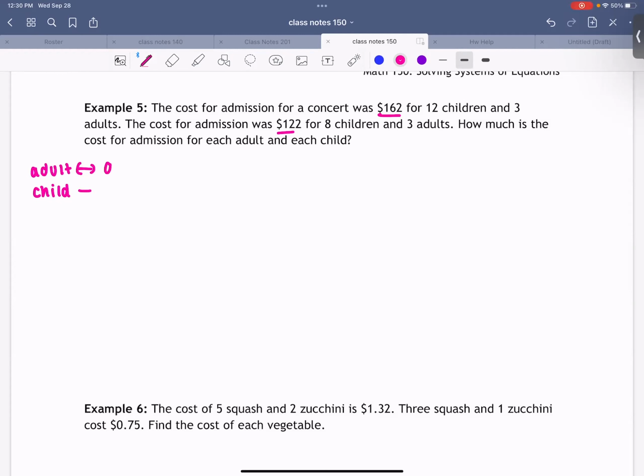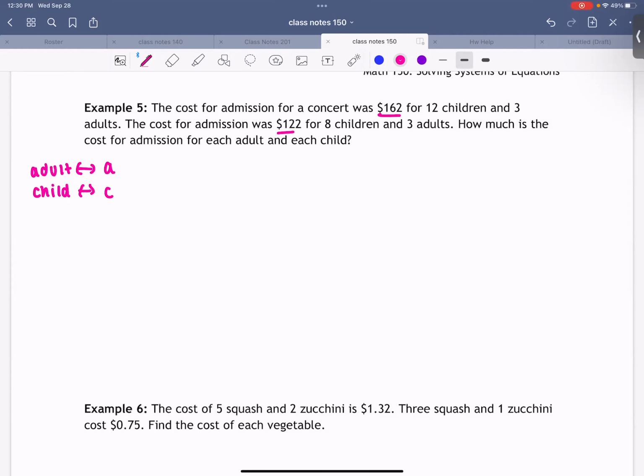A, right? A sounds like adult, and I won't get confused later in the question if I see A. Now, what do you think child is going to be? C, right? Okay, so that's kind of the most important part, because I feel like setting up the question is very hard, and if you don't have variables that resemble the question, it gets a little bit more difficult.